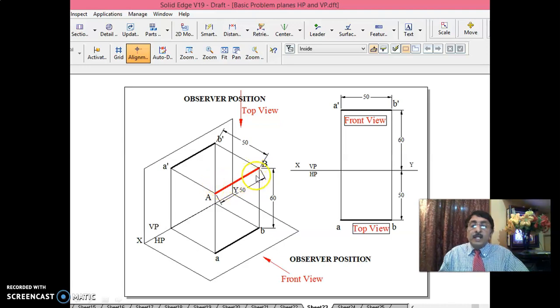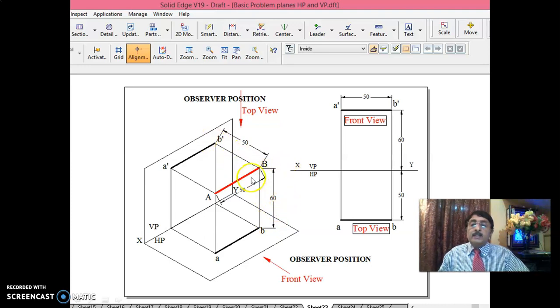This AB is the line which is parallel to VP, parallel to HP. This AB, in front of VP it is 50 mm, above HP it is 60 mm.